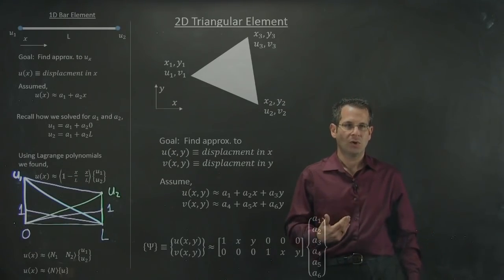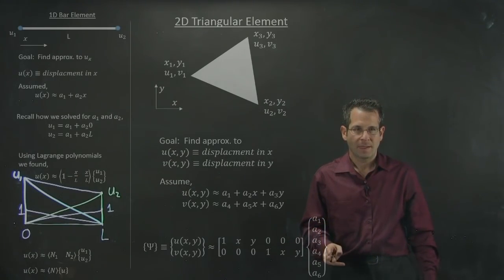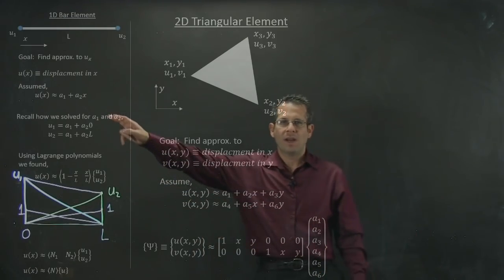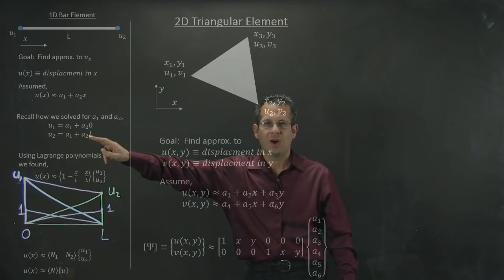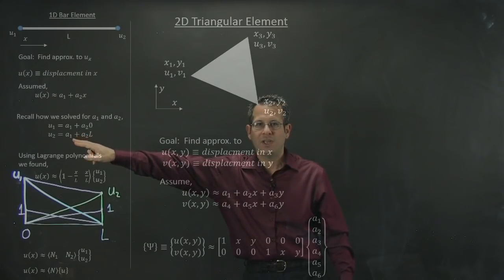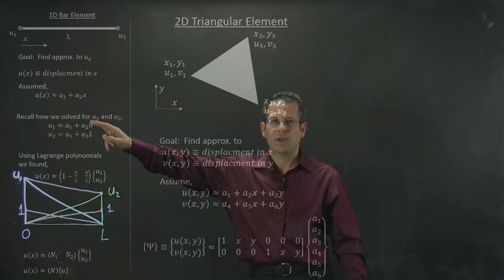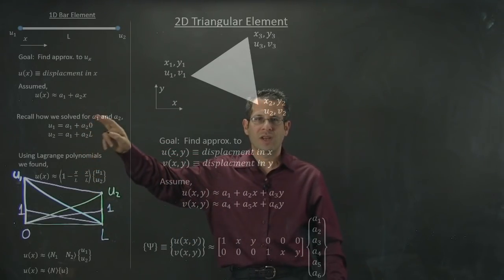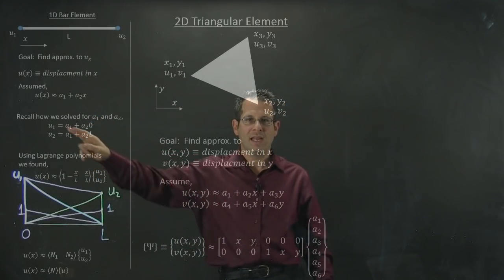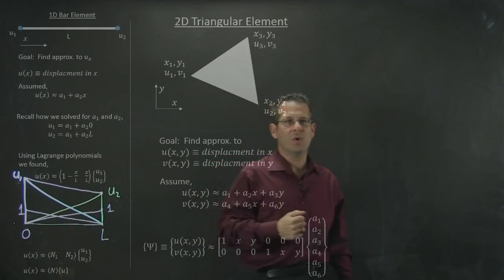My next goal is to find what these unknown coefficients are. In the one-dimensional case, I took my knowledge of what u1 and u2 were and where their locations in space were to rewrite a1 and a2 in terms of u1 and u2.